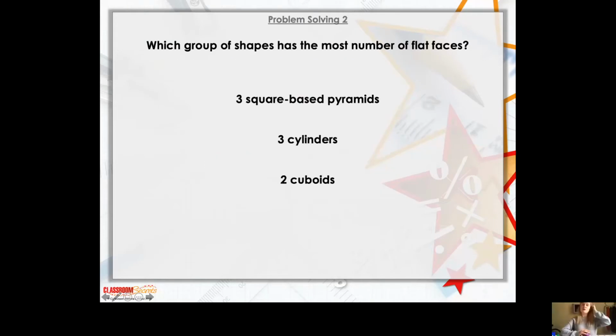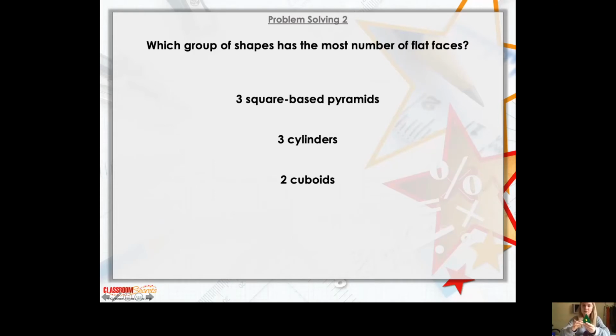Okay, so let's have a look at our next question. Here we have which group of shapes has the most number of flat faces. So this time we're not looking at curved surfaces, only flat faces. Now, let's have a think. We have got 3 square-based pyramids. A pyramid can also sometimes have a triangle bottom as well, but the one that we have here is a square-based pyramid, not a triangle-based pyramid.